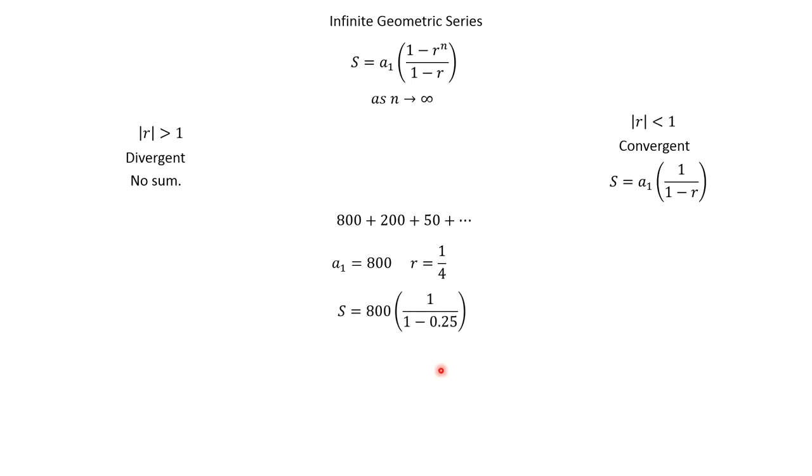So we have 800 times 1 over 1 minus 0.25. We can subtract those to get 0.75. So we have 800 divided by 0.75, which is 3,200 thirds, or 1,066 and 2/3, or 1,066.6 repeating.